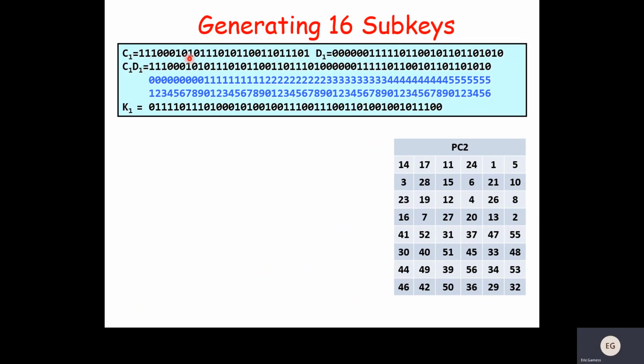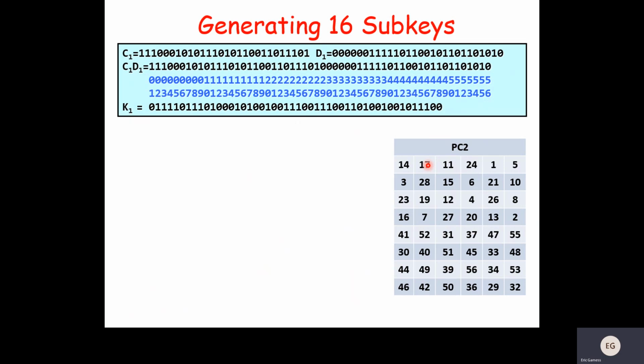First you concatenate C1 and D1, so 28 bits and 28 bits will give me 56 bits. Then I just put numbers: this is bit 1, bit 2, bit 3, up to bit 56. So I know that, for example, this bit is bit 53. Then we apply this table. I need bit 14 as the result here. So where is bit 14? It's this one. Bit 14 in the input is this 0. So this 0 will go here.